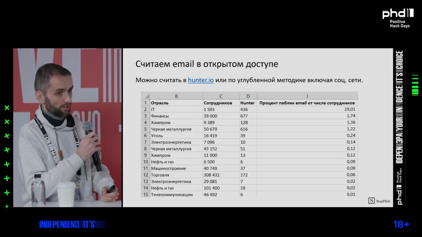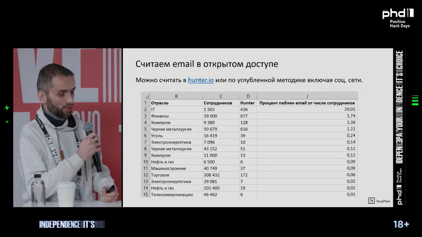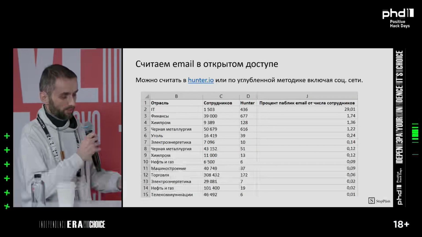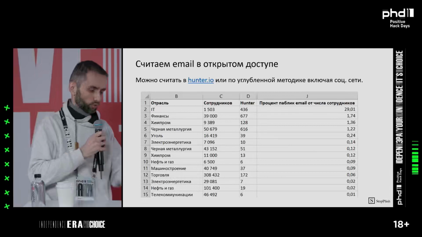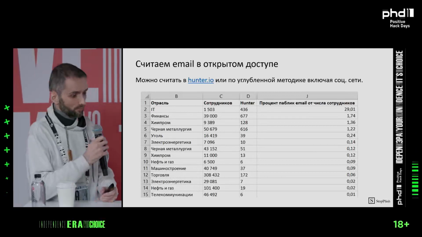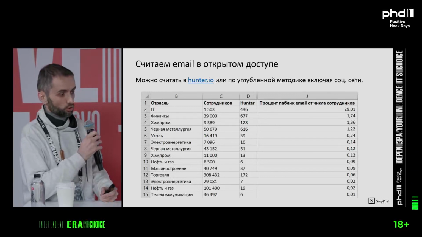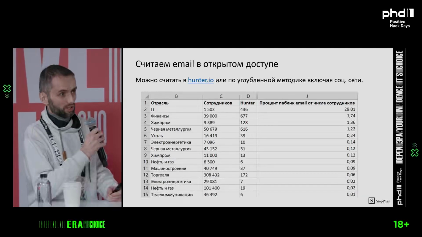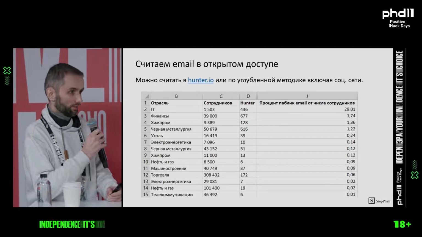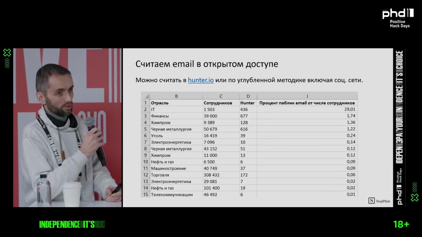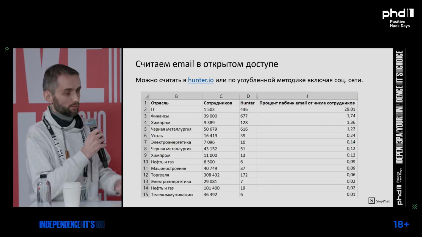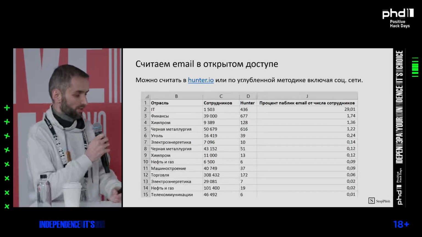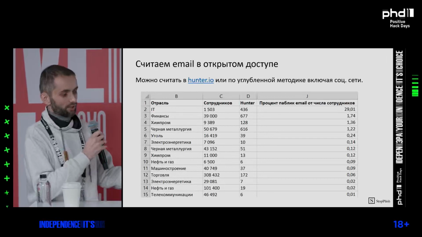Hunter.io is a paid service, but we can actually use a free version that shows us the amount of users. This information is in the open source, and if you pay like $5, you can download those user lists. And you can even move further and deeper using social networks like Contact, LinkedIn, Facebook, and you check who has published the data saying, yes, I work in this company.